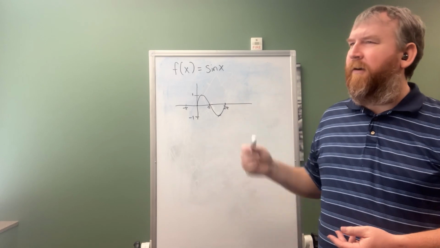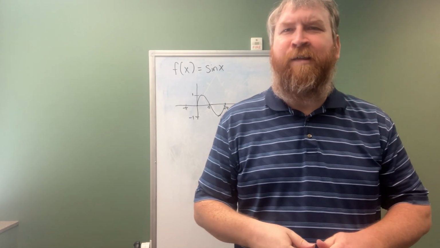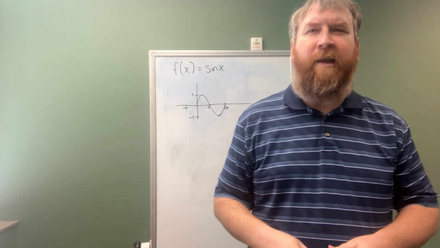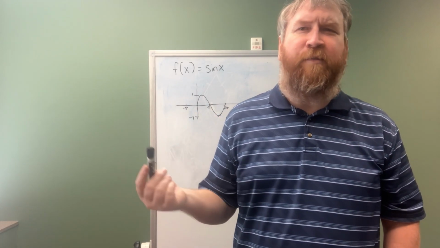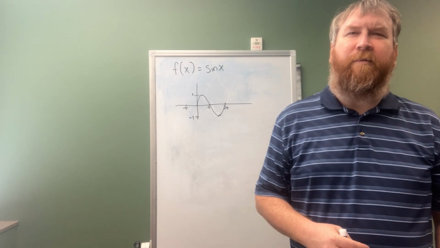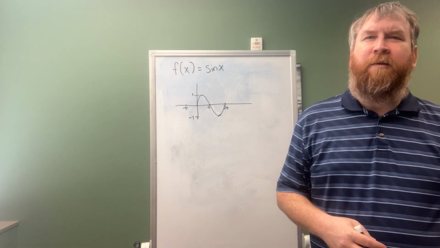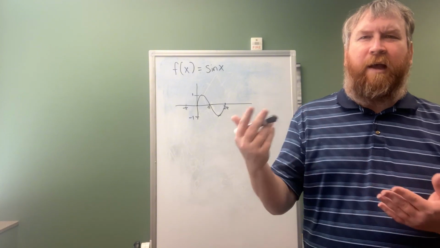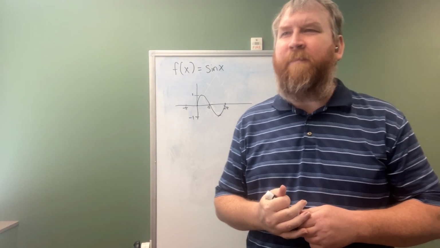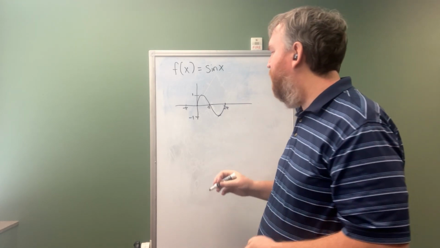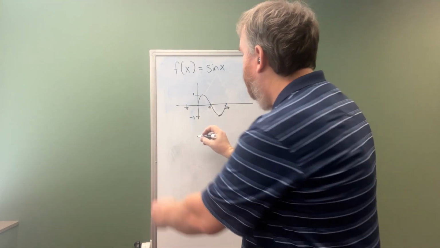So I've written up here our basic function for sine of x. Now here I'm using the variable x, and our question uses the variable theta, but they're both just variables, so just keep that in mind. For our transformation rules, we can set up any trigonometric function like this.